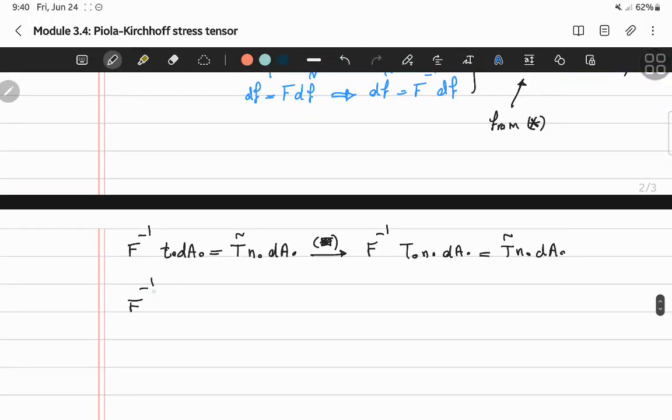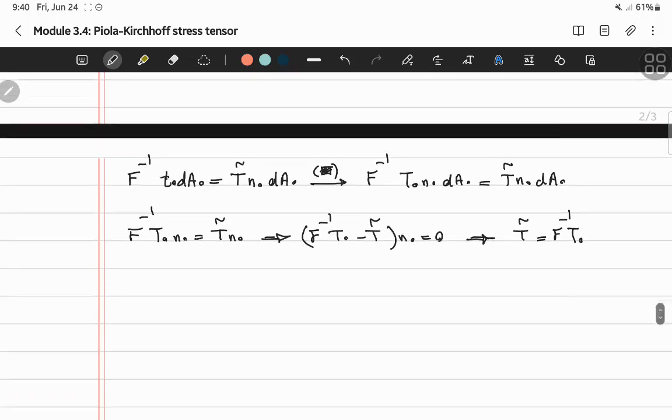So finally I get F inverse T0 N0 is equal to T tilde N0. And I can get everything to one side: F inverse T0 minus T tilde, N0 is equal to 0. And finally conclude that T tilde, the second Piola-Kirchhoff stress tensor, is equal to F inverse, the deformation gradient inverse, T0.